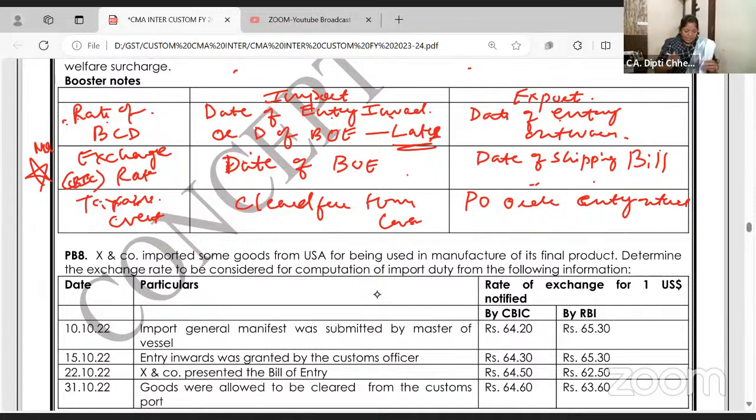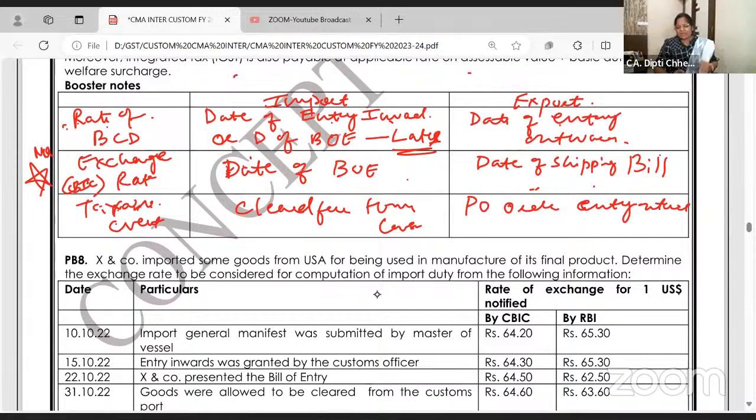XN company imported goods from USA for being used in manufacture of the final product. Determine the exchange rate to be considered. Isn't it a very nice question for MCQ practice also? But if they ask in question-answer format, they are asking which exchange rate you will say. So the first point you have to write is that you have to take the exchange rate given by CBIC.